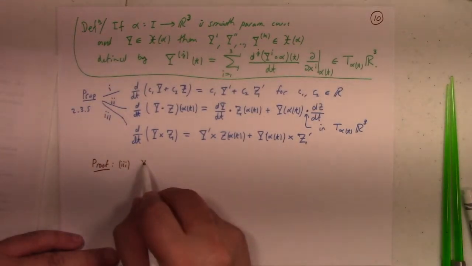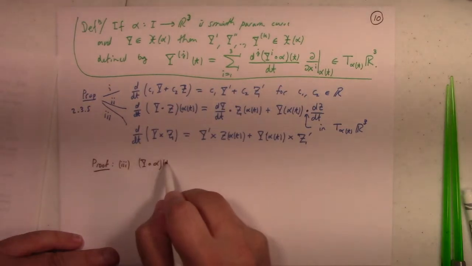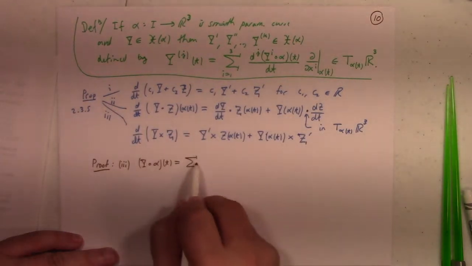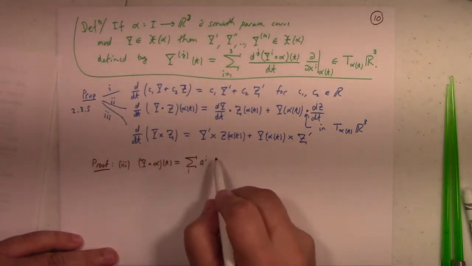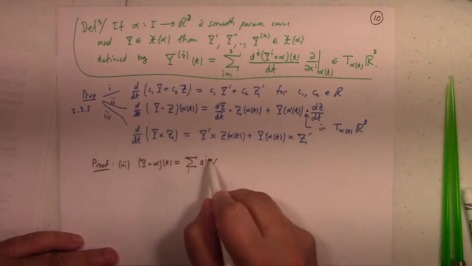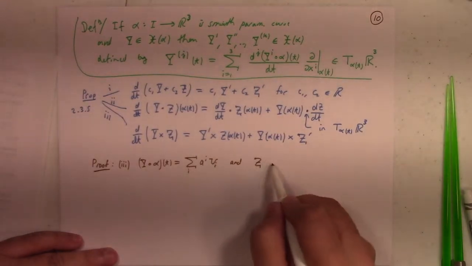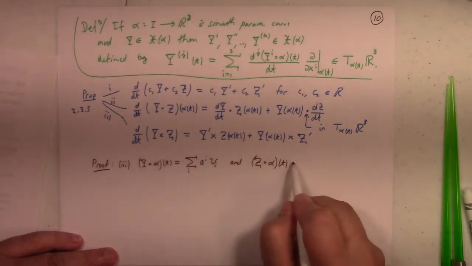So, suppose y composed with alpha of t is actually equal to a sum over i of, let's say, a upper i u_i. And let's let the notation for the component functions of z be b.